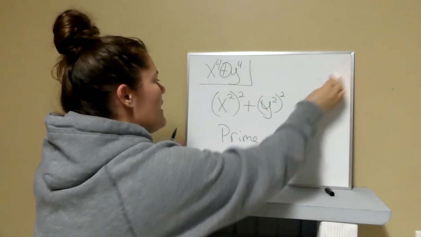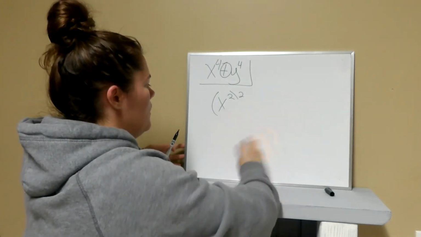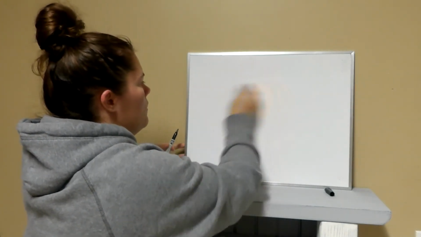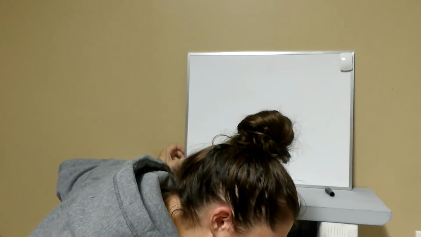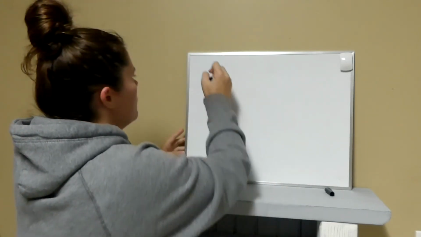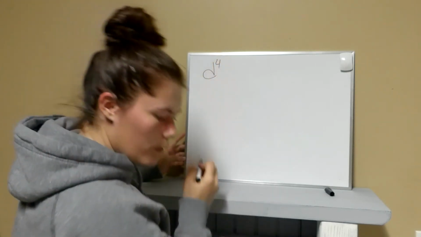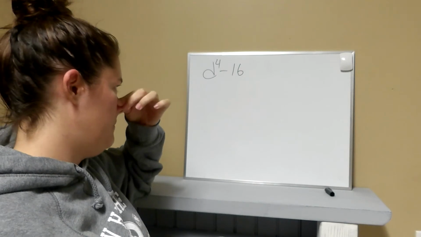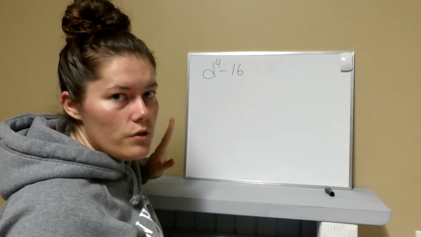If it was a negative, just kidding. I'm not going to do that one. I'm going to do it slightly different. We'll do d to the 4th power minus 16. How would you do this one?